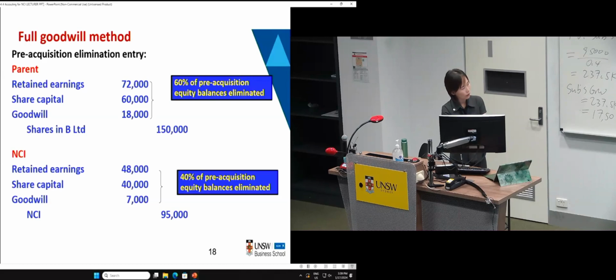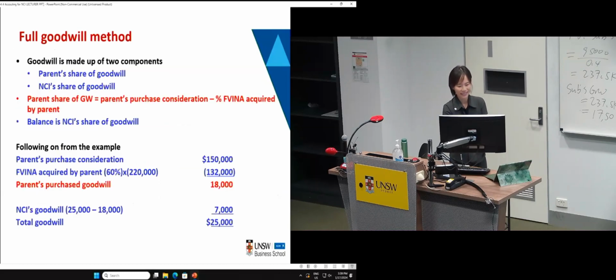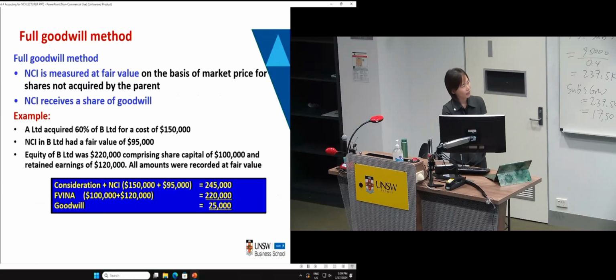Now, total these debits, you will get a credit of 95,000. Now, credit NCI here is always the balancing figure, but this number can be verified. 95,000, that looks familiar, right? Where do we get that? This represents the fair value of the NCI on the acquisition day. Okay?